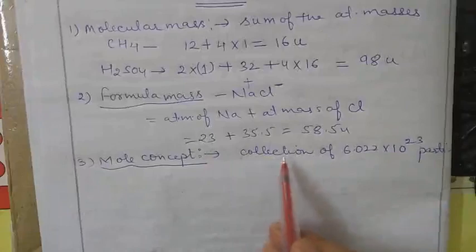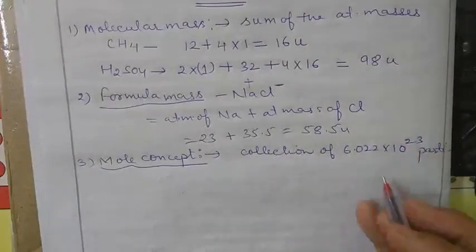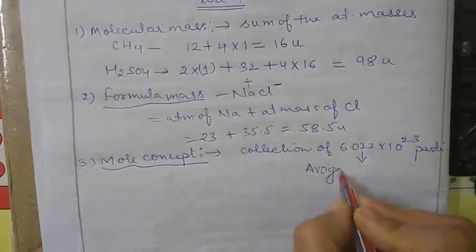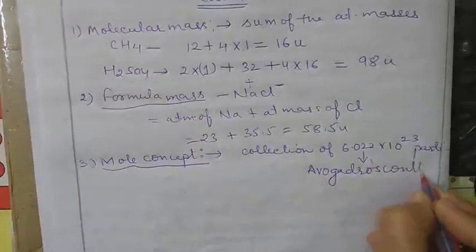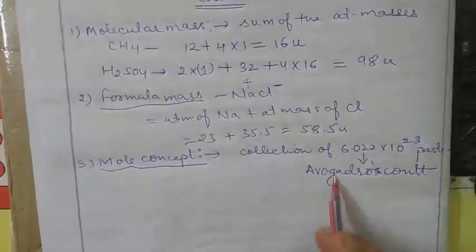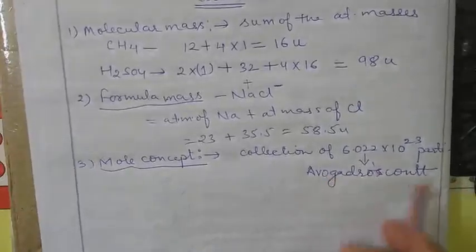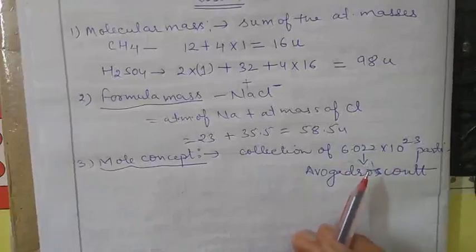So this number, 6.022 multiplied by 10 to the power 23, is called Avogadro's constant. It is also known as the Avogadro number. We can call it the Avogadro constant or Avogadro number.